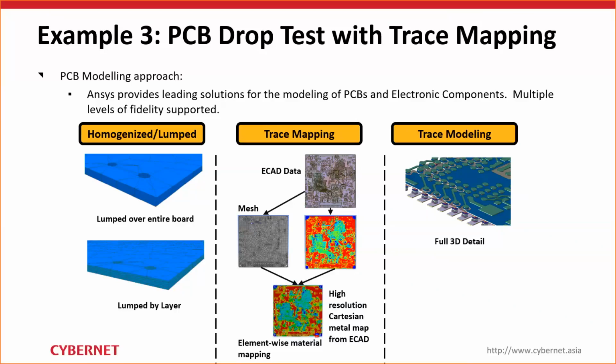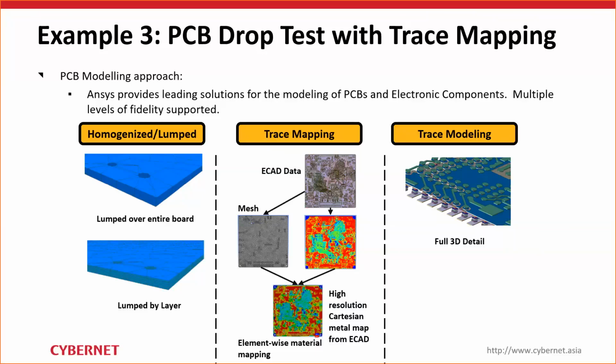So the trace mapping method essentially takes advantage of the ECAD data. The ECAD data is usually used in electromagnetic analysis. So back in the day, ECAD data could be imported into structural analysis for structural and thermal analysis. But recently, I believe starting from last year, that technology is also being adopted for explicit dynamic analysis as well.